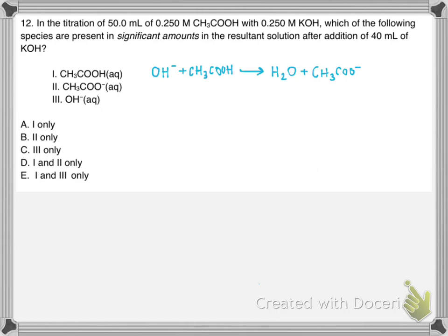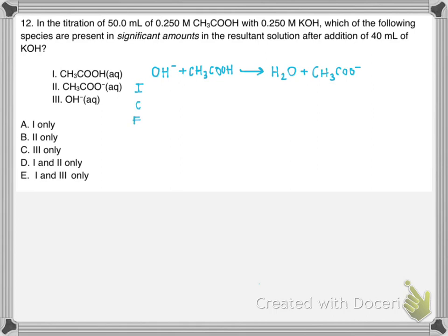They want us to figure out what species are present in significant amounts after we add some different amounts of our reactants. So when we have a reaction, we're going to need to use an ICF table instead of an ICE table.